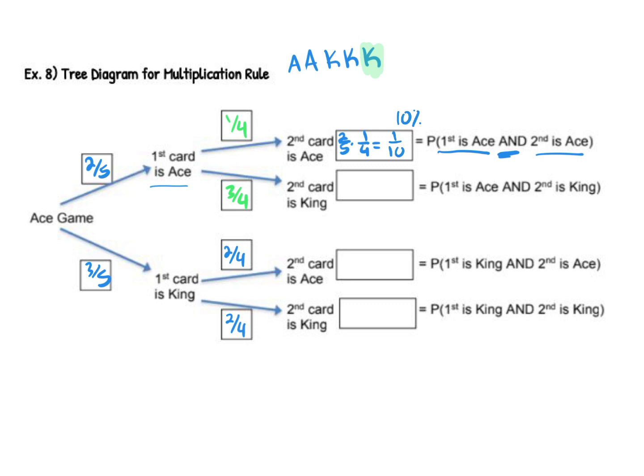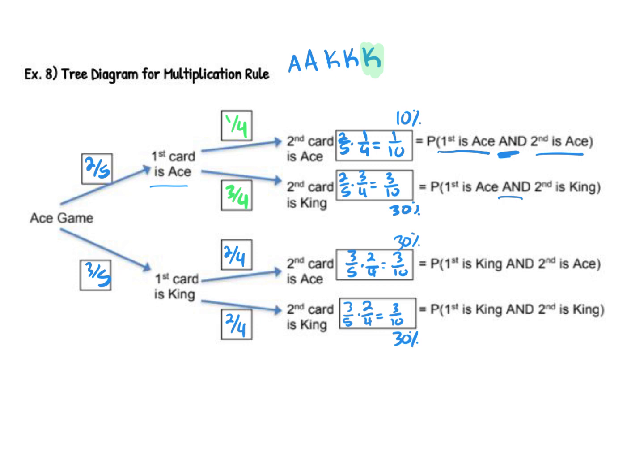Then we have our first card's an ace and second card's a king. 2/5 times 3/4 would give us 6 out of 20 or 3 out of 10, 30%. Then here we have 3/5 times 2/4, which would be 6 out of 20 or 3 out of 10, 30%. And it's the same multiplication problem down here. 3 out of 10, 30%.